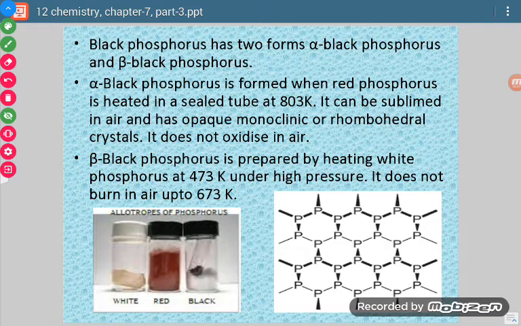Now see, here you can see the samples: this is white or yellow phosphorus, this is red phosphorus, and this is black phosphorus. The structure of black phosphorus is just like hexagonal rings.